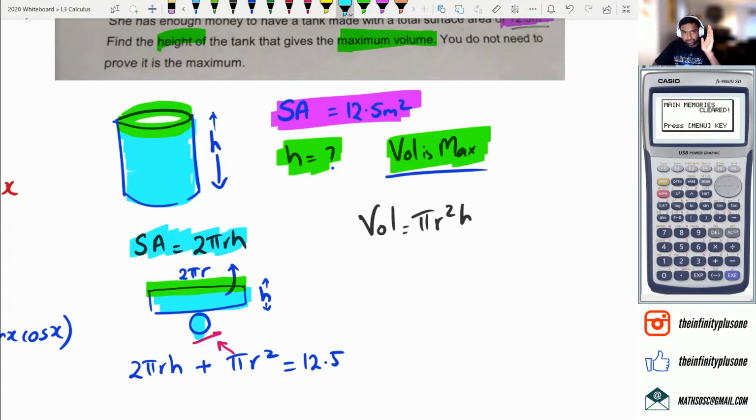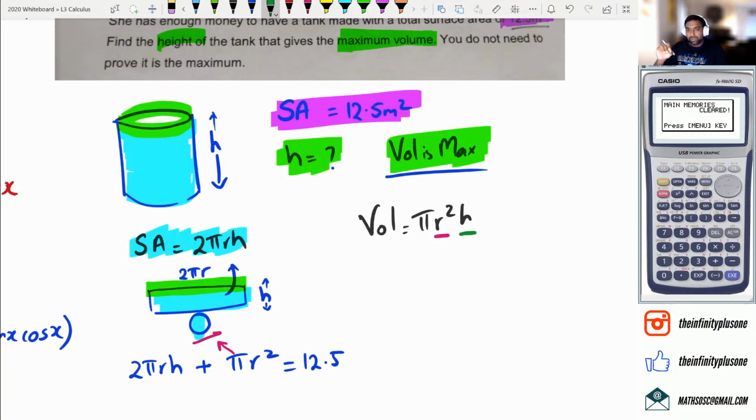Now, we want to find the maximum volume. That means we've got to find an equation for volume, differentiate it, put it equal to 0, and that's it. Now, the issue is this. When we go to the volume equation, we've got R and we've got H as well. This is the problem, and this is what people tend to forget.